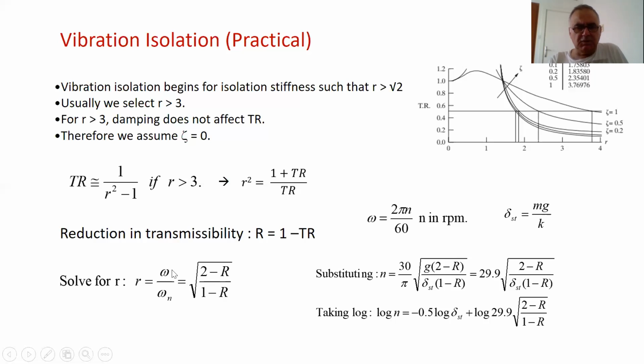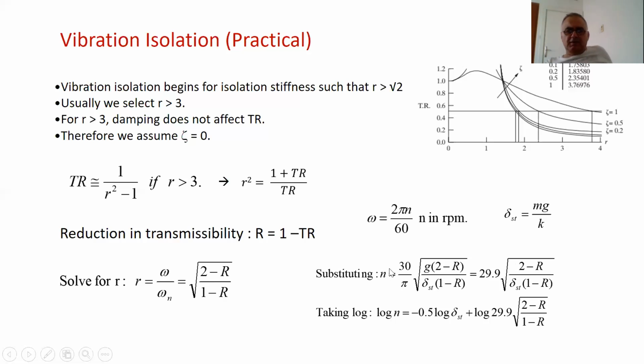So using this equation, R is equal to (2 minus R) divided by (1 minus R), you can write this equation as follows. N, which is in RPM, can be written as 30 over pi times the square root of g times (2 minus R) divided by delta static (1 minus R). And g, you can take the square root of 9.81 and put it outside, so you get an expression like this.